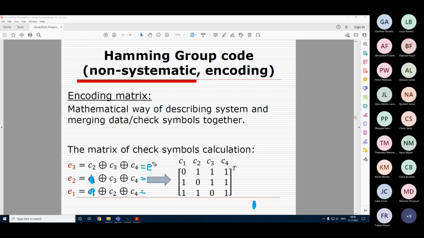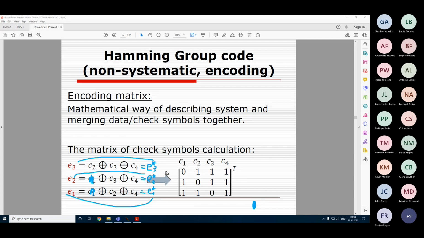So we can call these E3 asterisk, E2 asterisk, and E1 asterisk, and then we just compare these two.